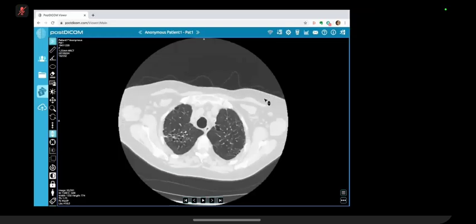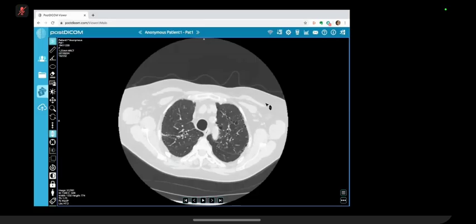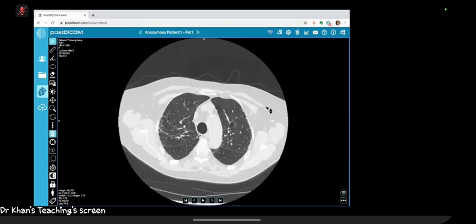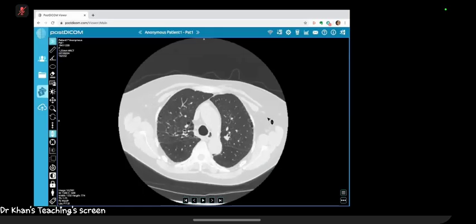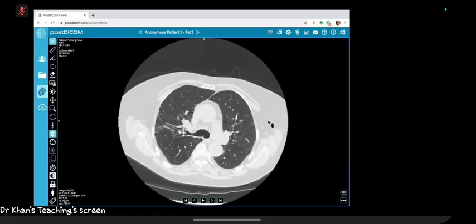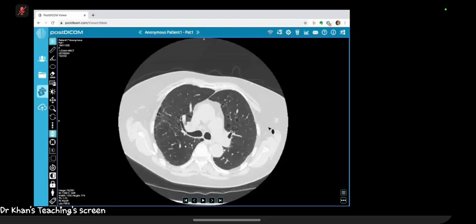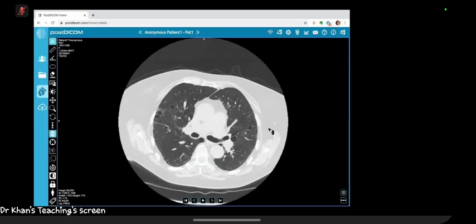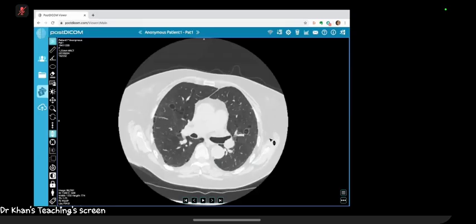So I can see that there are bilateral cystic areas in a fairly random distribution, but if anything, more along the subpleural surface, but they are randomly scattered throughout all lobes in both lungs.